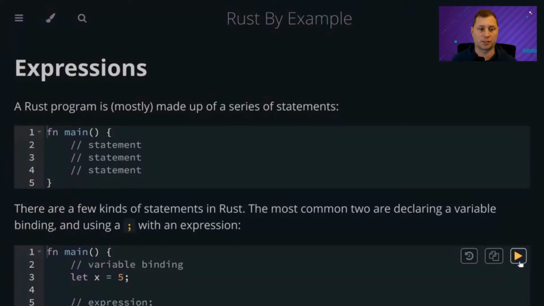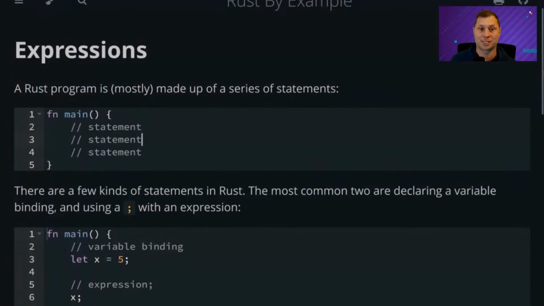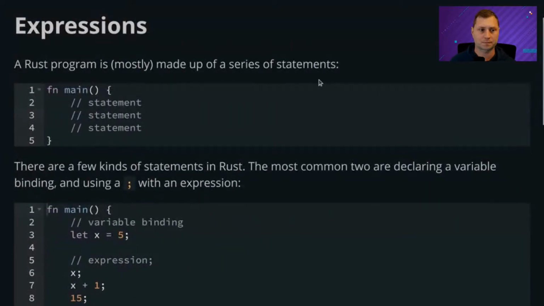Let's talk about expressions. Now, this is an interesting statement in natural language, saying that Rust is mostly made up of a series of statements. And you might think, well, what on earth is this? The reason why that's kind of an awkward thing to say is Rust is also known as an expression-based language, and so these things might be in tension.